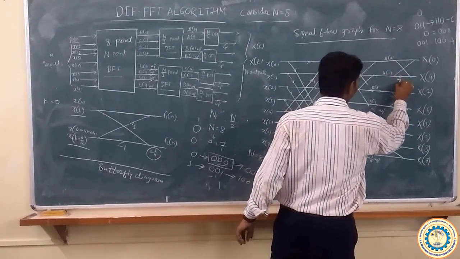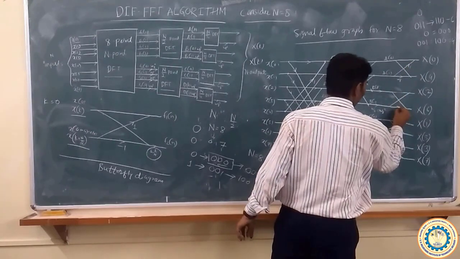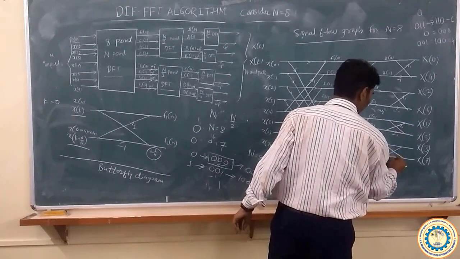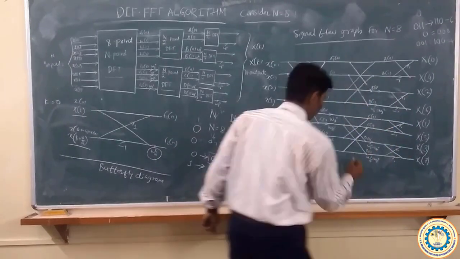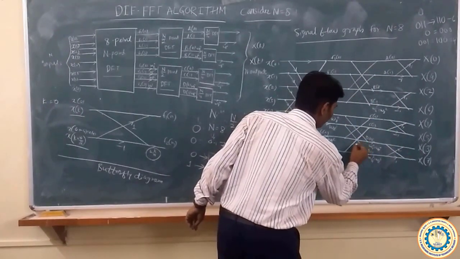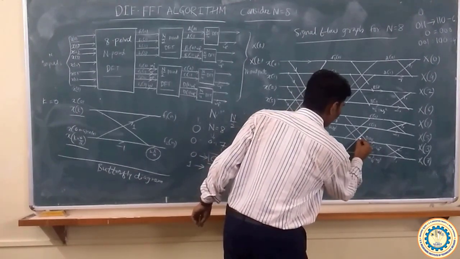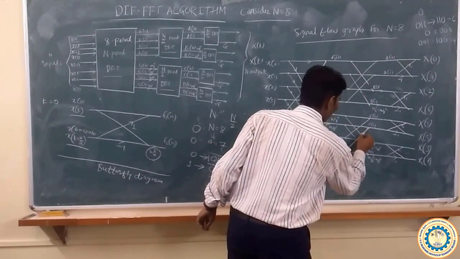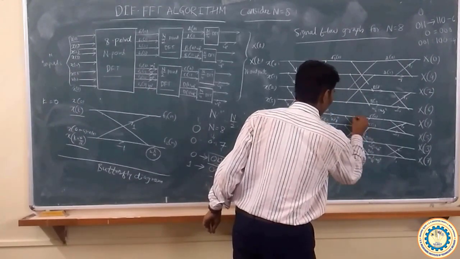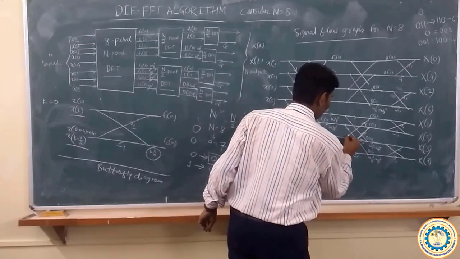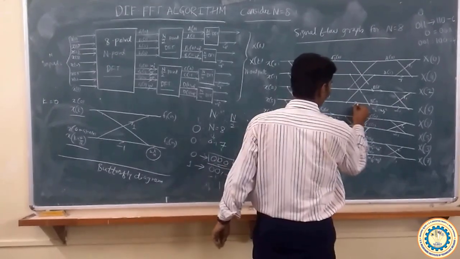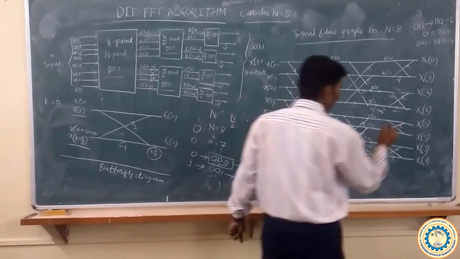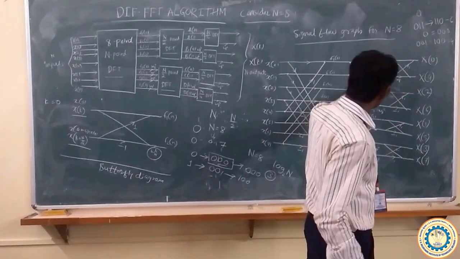Here this is minus 1, this is plus 1, minus 1, plus 1, minus 1, plus 1, minus 1, plus 1. Similarly, here it is minus 1, and this is plus 1, this is plus 1. Okay, these are the signal flows. Minus 1, this is plus 1, plus 1. Similarly, the input for this is a of 0, a of 1.